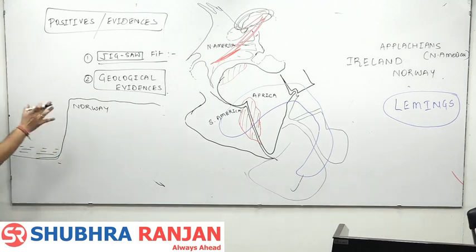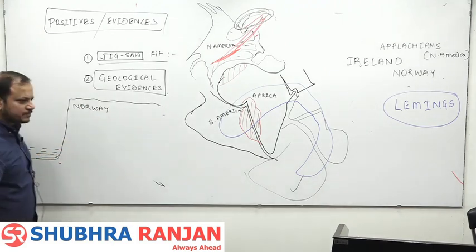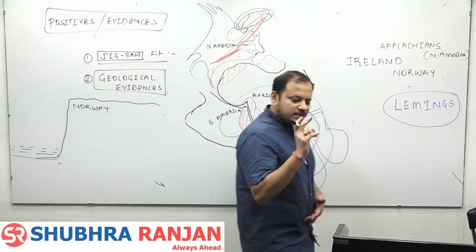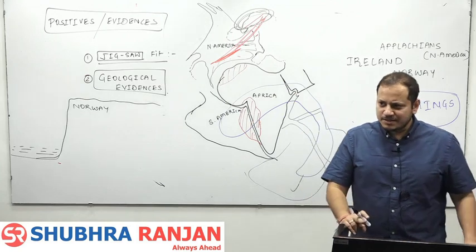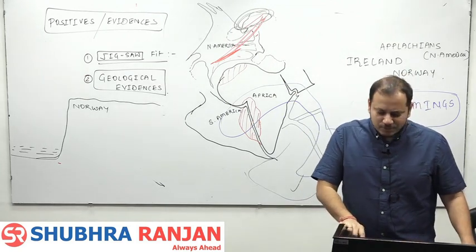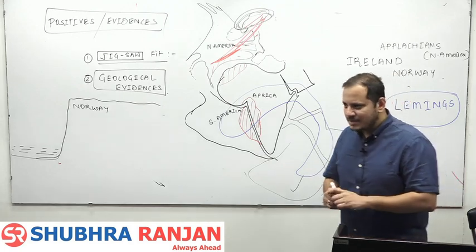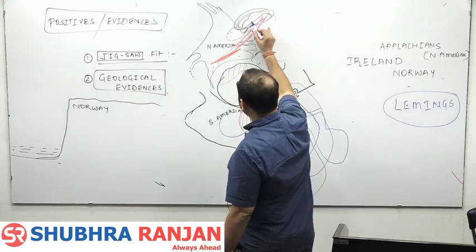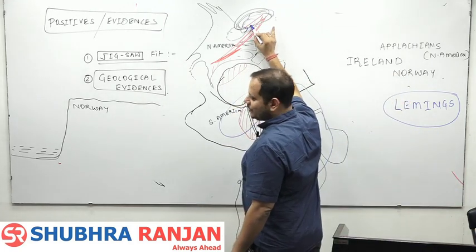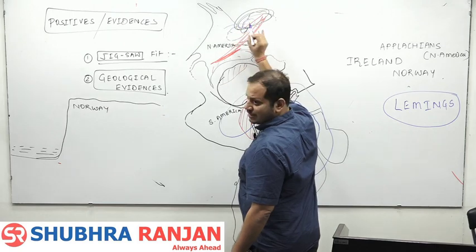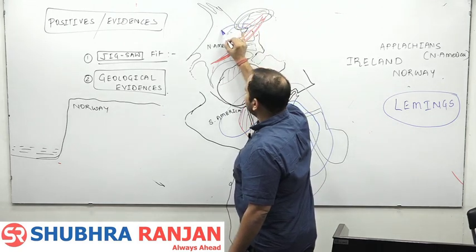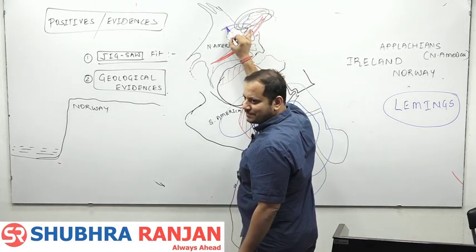Why? Glaciers have eroded the landmass. Whenever the lemmings' population increases, they are known for mass suicide. Actually, it is not mass suicide. These lemmings think that our population has increased, so they will migrate, because the land mass is still there and we will go and settle in Canada.